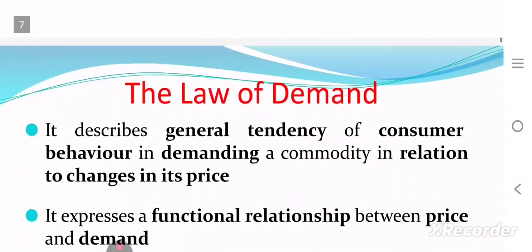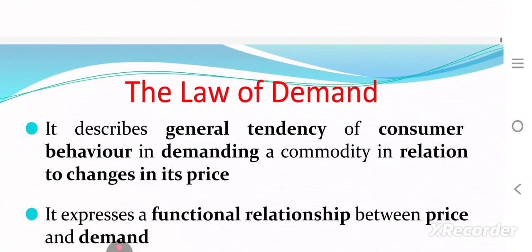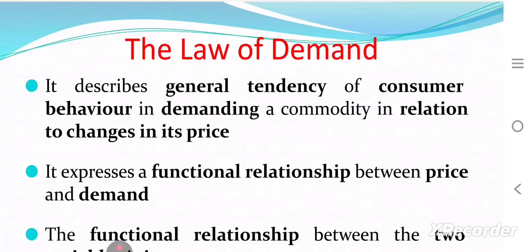Okay, the next topic is the law of demand. It describes the general tendency of customer behavior in demanding a commodity in relation to changes in its price. It expresses a functional relationship between price and demand. So here it is the general tendency of a customer.